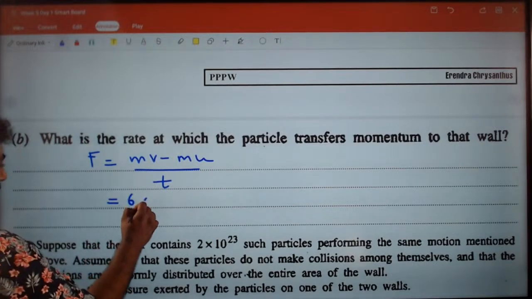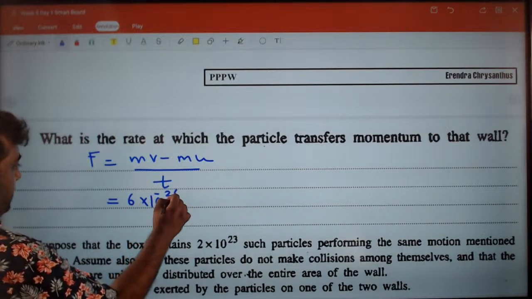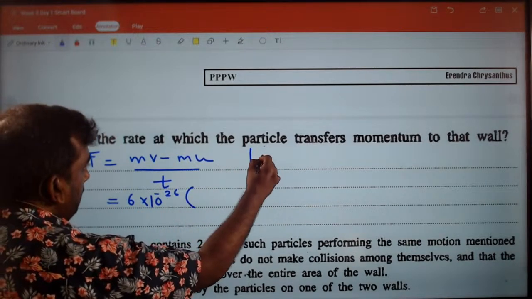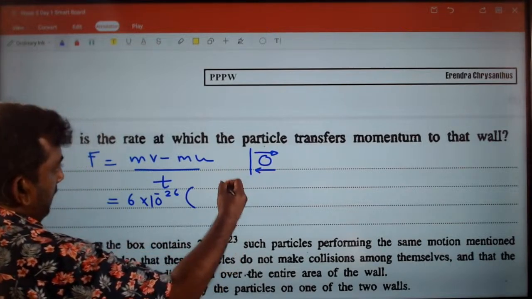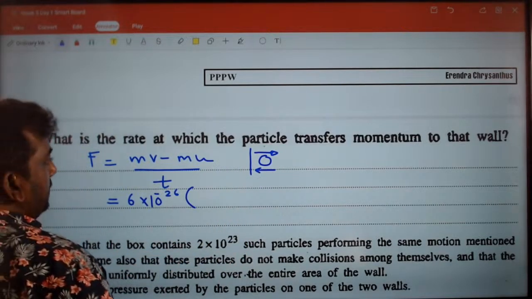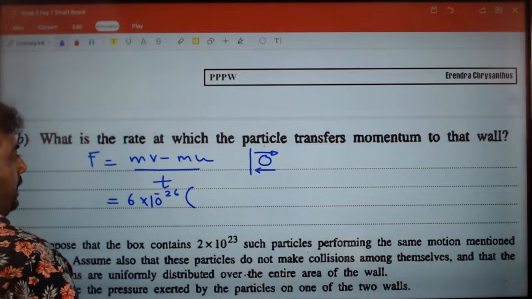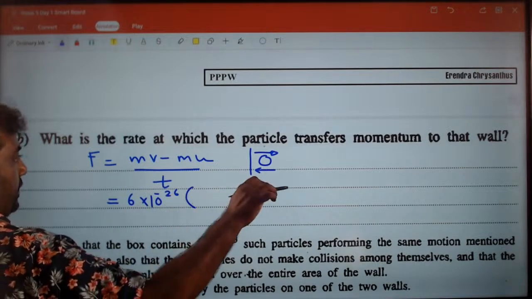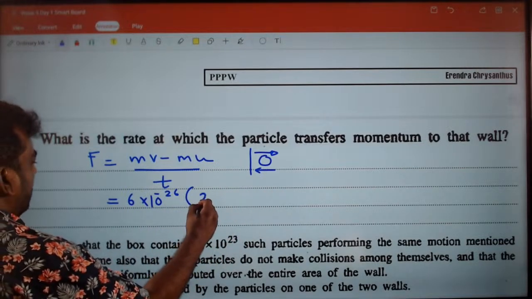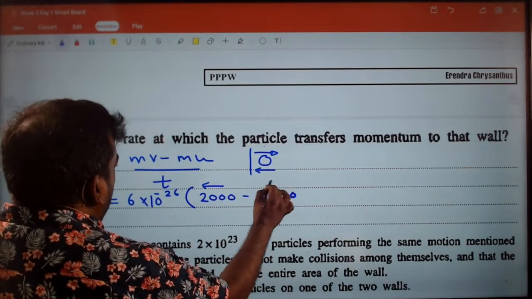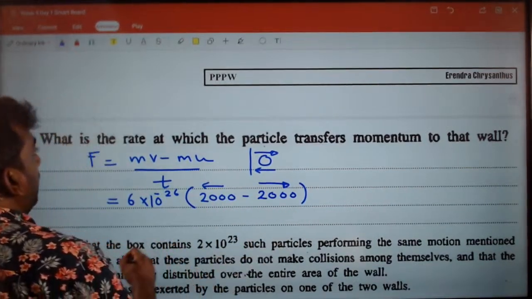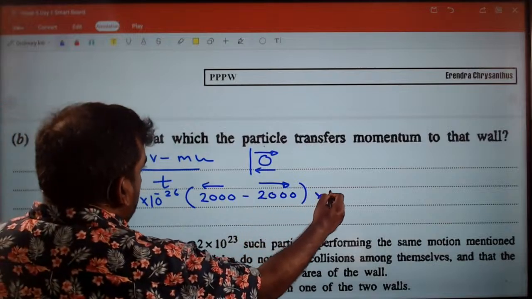Mass is 6 × 10^-26. Final velocity is in that direction, 2000. Initial is in the opposite direction. 1 over t is going to be 1000.